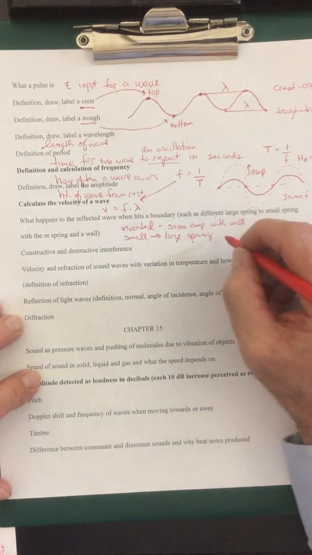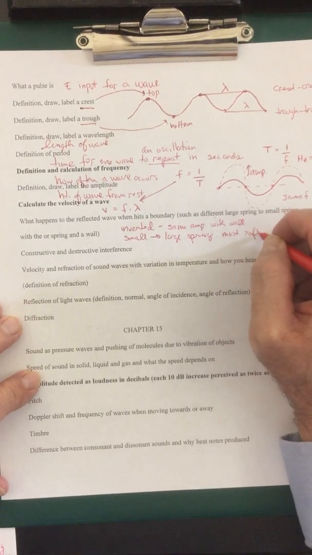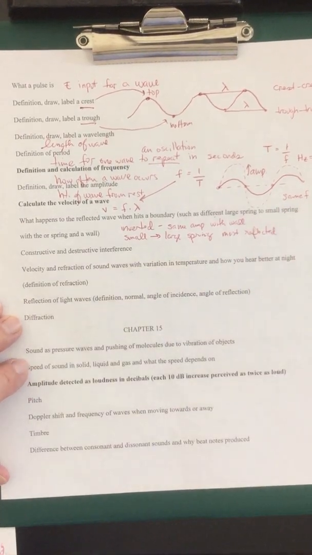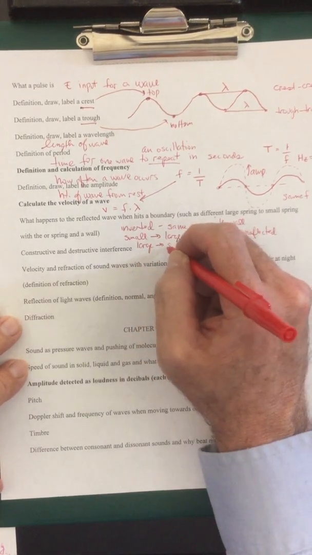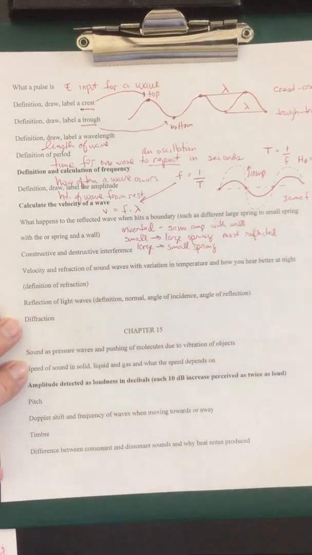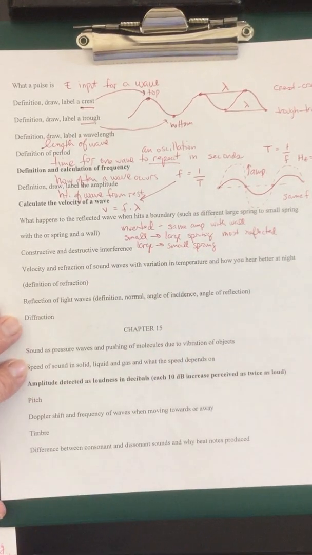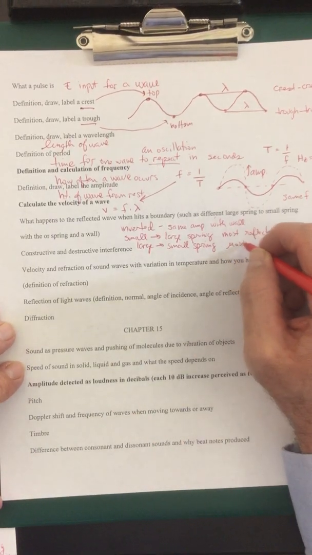Most of it is going to get reflected and inverted. If you go from a large spring to a small spring, most of the energy will go into the small spring and a little bit will get reflected. So most is going to go through.